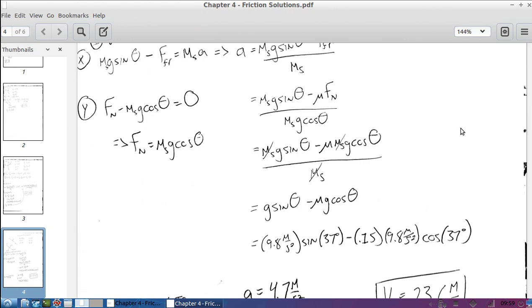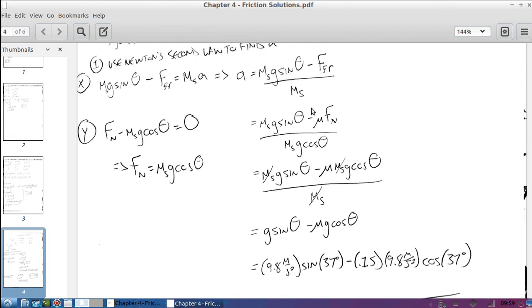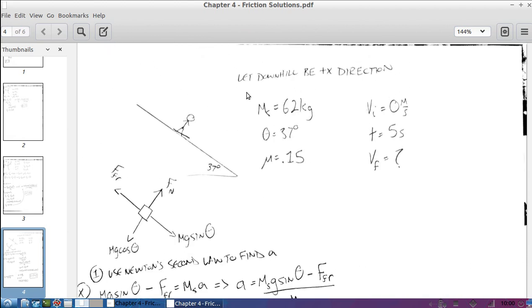I'll also say, on a problem, derive an expression for the acceleration in terms of these three variables: mass, theta, mu.